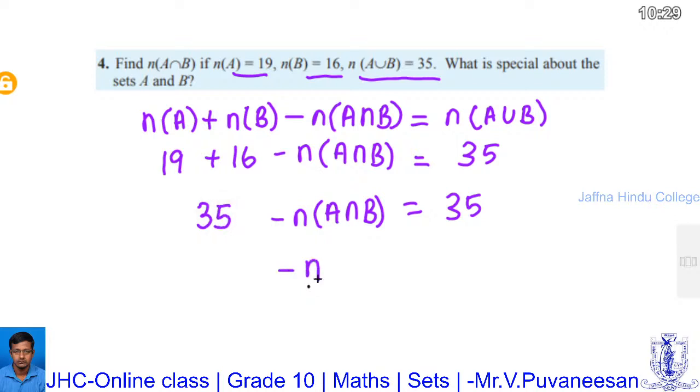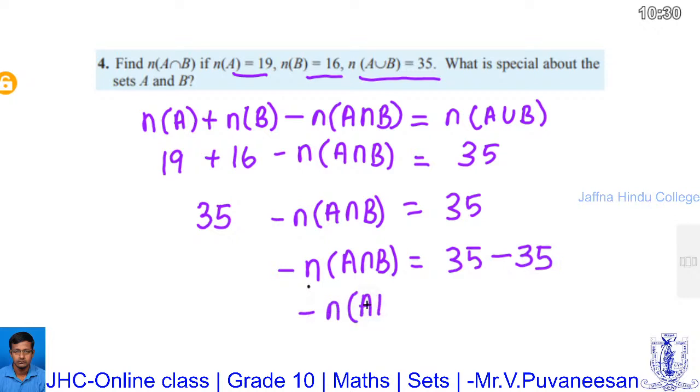Now minus number of A intersection B is equal to 35, and take 35 to the other side, it becomes 35 minus 35. So minus number of A intersection B equal 35 minus 35, 0.